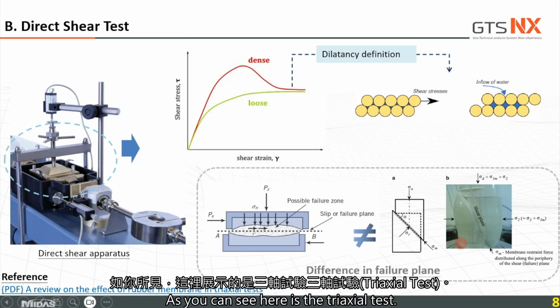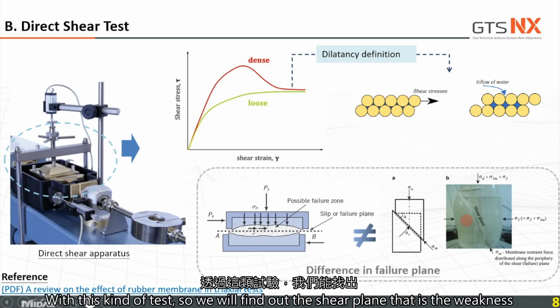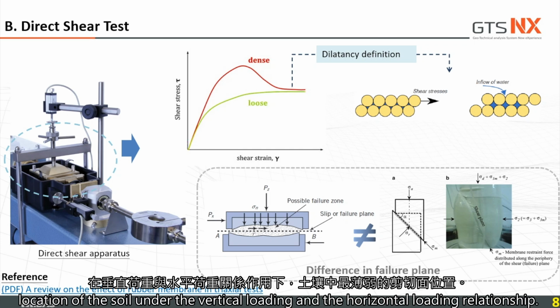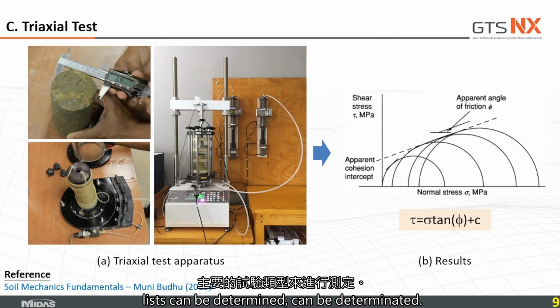As you can see, here is the triaxial test. With this kind of test, we will find the shear strength, that is the weakest location of the soil under the vertical loading and horizontal loading relationship. About the triaxial test, three main tests can be determined.